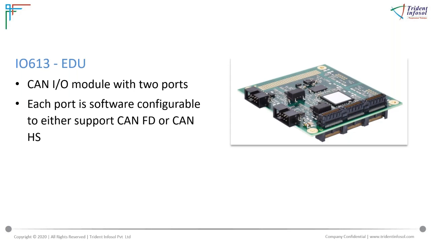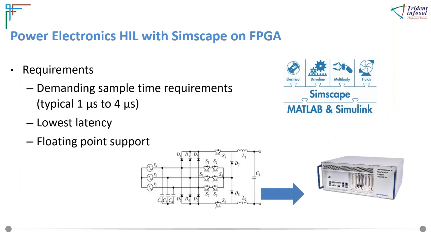For each of these types of IO cards, there will be a driver block given by Speedgoat. You can place those driver blocks in your Simulink model and configure them based on the number of channels or the voltage levels, or for protocols like CAN, switch between CAN high speed, or for some of the cards it can also be LIN. So these are some of the fixed functionality IO cards, analog input or digital cards.